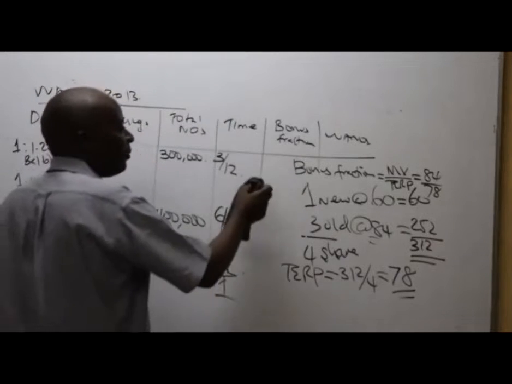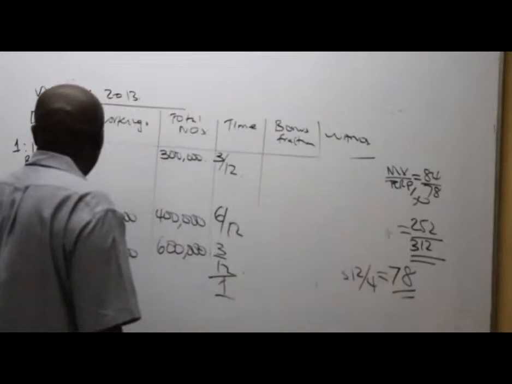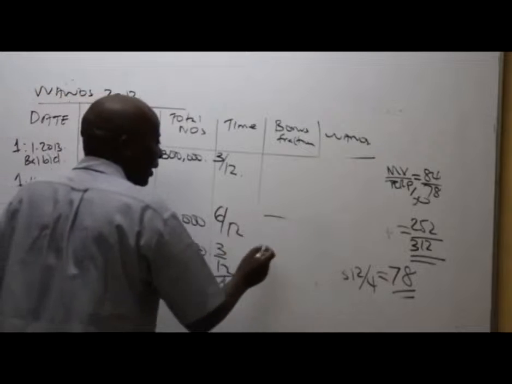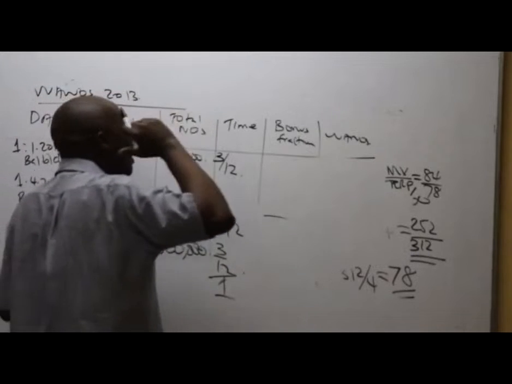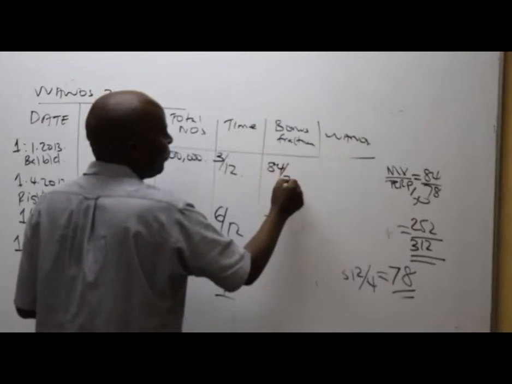They have an idea, but they normally start from the wrong area. Remember you cannot start from the rights issue. Your bonus fraction cannot start from there. It normally starts from the immediate predecessor and then goes up and up and up. So this one here will be 84 over 78.